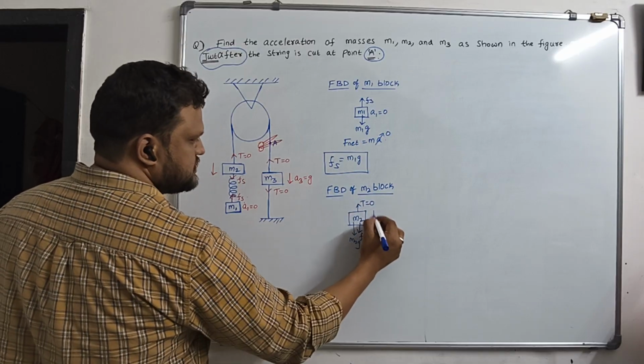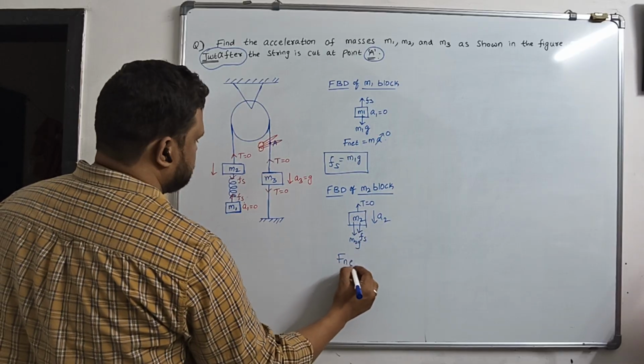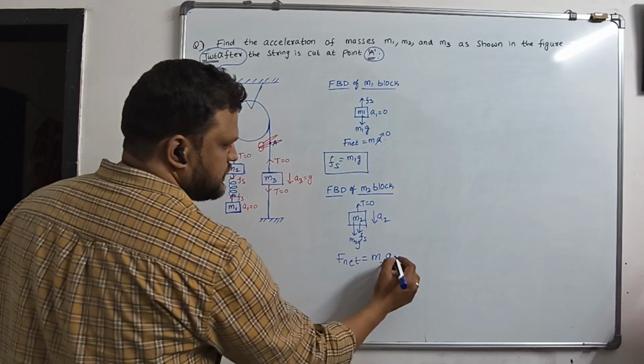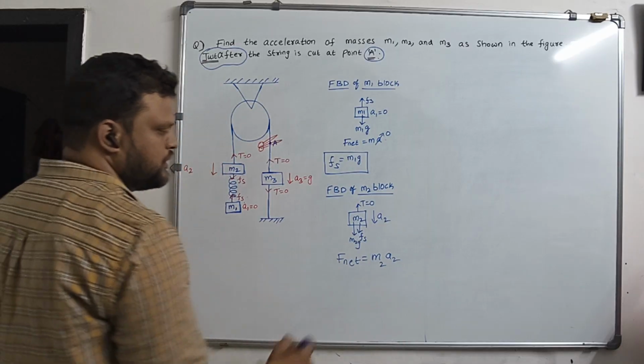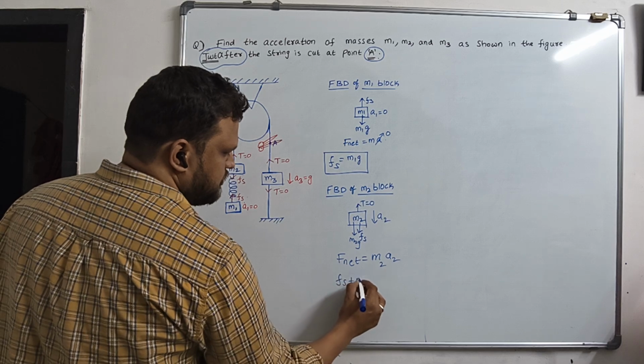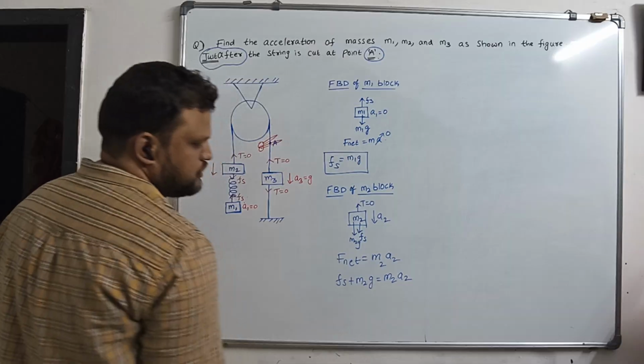And the acceleration is downwards. Now if you write F net equals mass times acceleration, taking the mass as M2 and the acceleration as A2, this becomes Fs plus M2g equals M2 multiplied by A2.